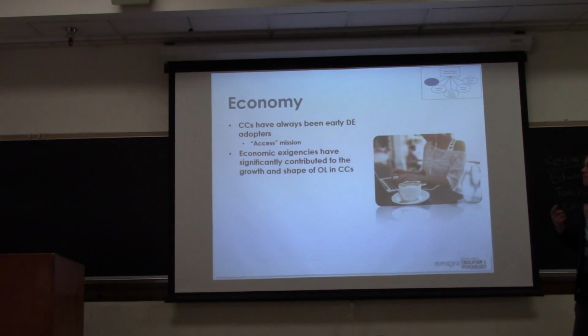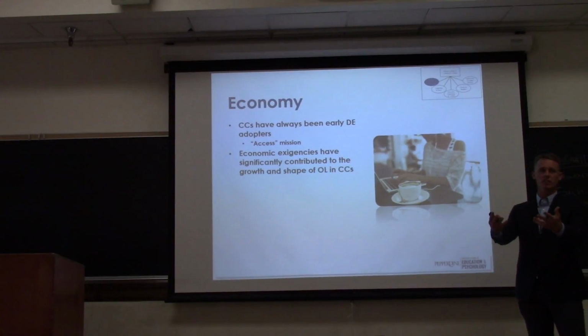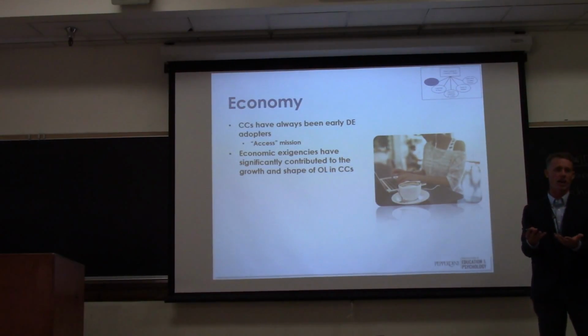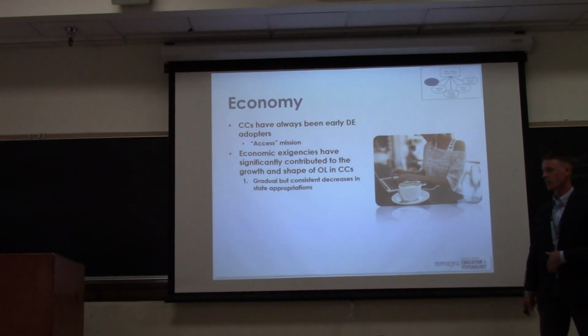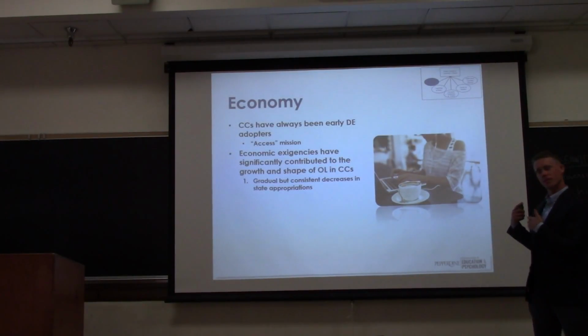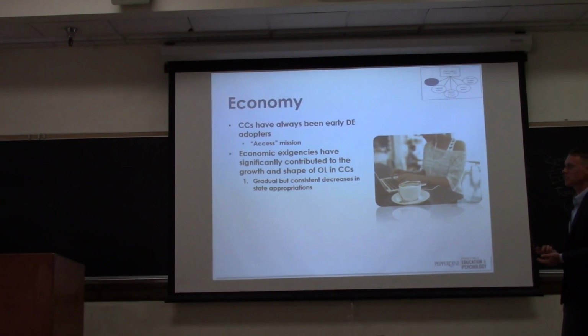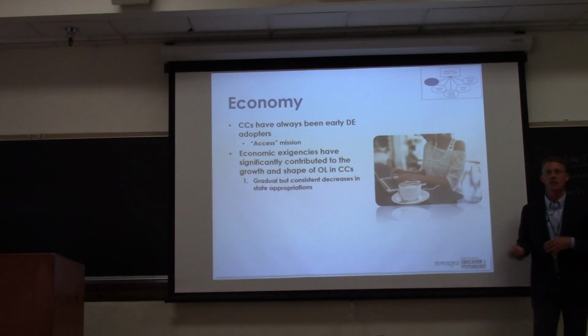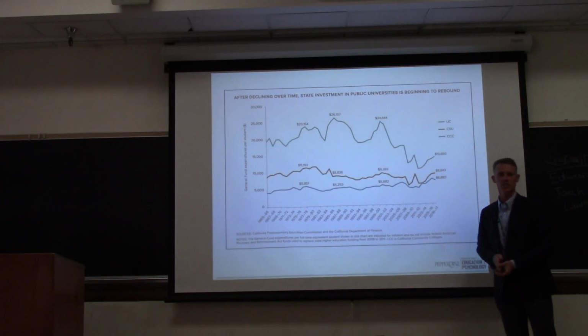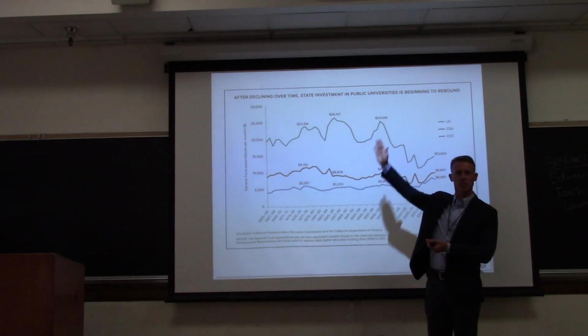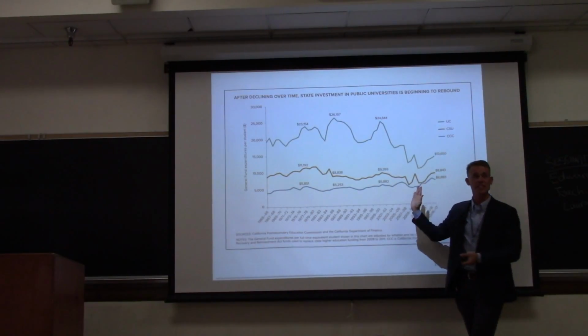But it must be acknowledged that a number of economic exigencies have increased the use and the spread of online learning. For instance, there are gradual but empirically verifiable, consistent decreases in state appropriations. If you look at the state of California, you can see that funding for higher education has decreased over the past 30 years.